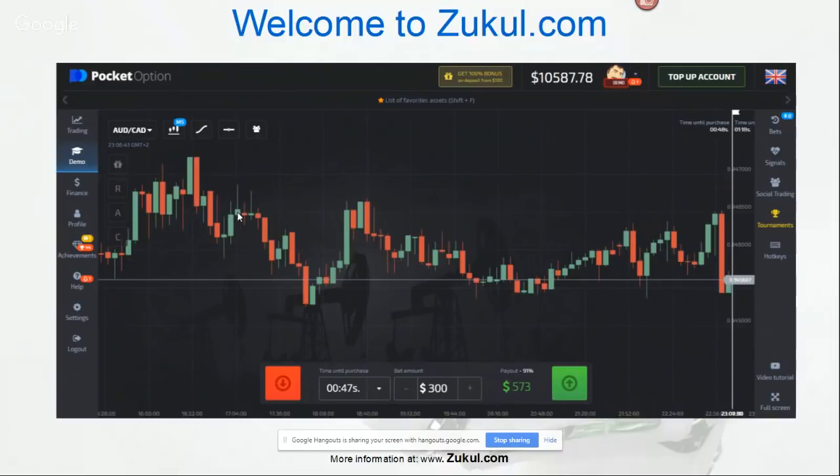The wicks show you what happened during that 5 minutes. In this instance, I'll choose this green one here in the middle. The price closed on this smaller candle at this point, and then this candle opened with a price drop.